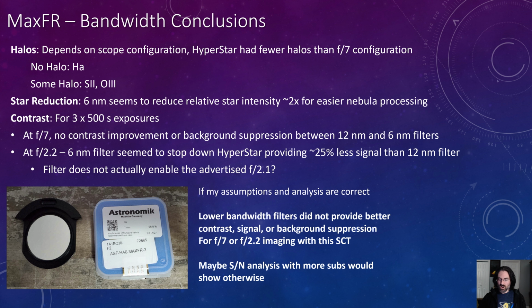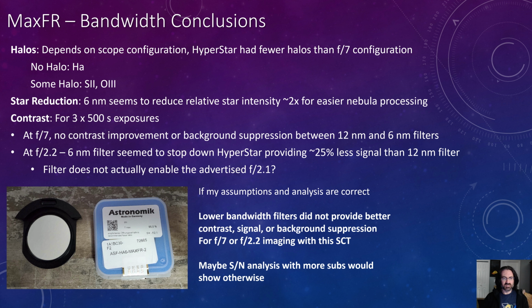In terms of contrast, for 3 500-second exposures at f7, I did not see any contrast improvement or better background suppression between the two filters. At f2.2, the 6 nanometer filter seemed to stop down the HyperStar, providing about 25% less signal than the 12 nanometer filter did.